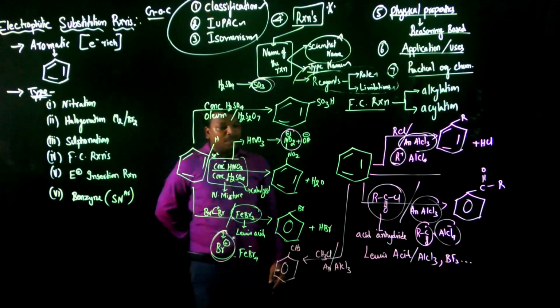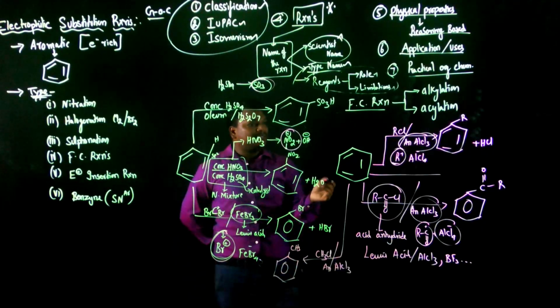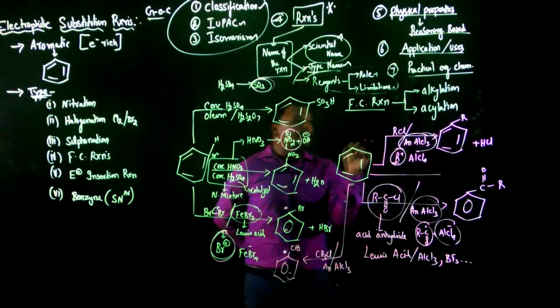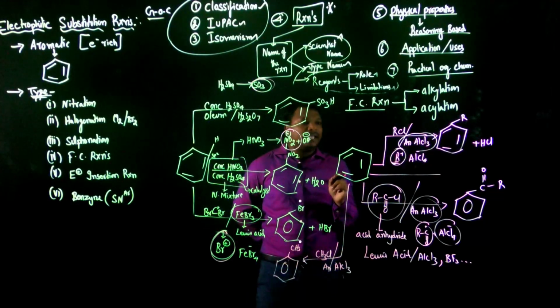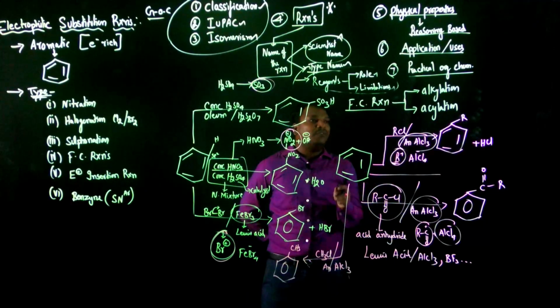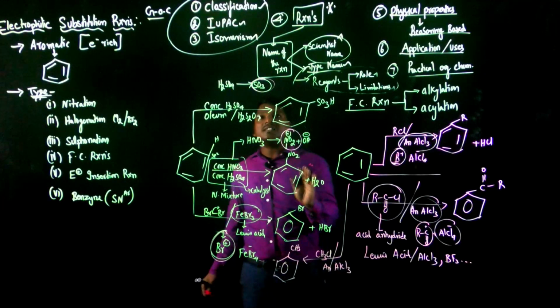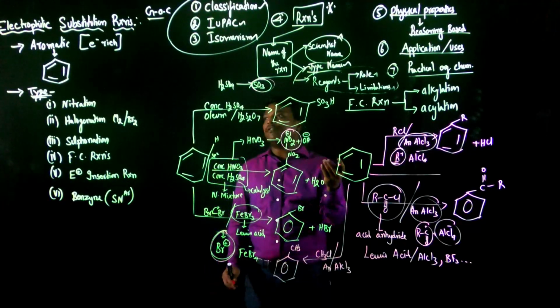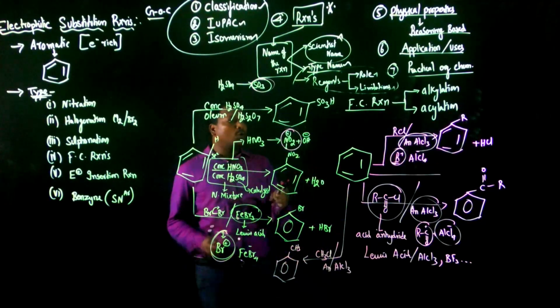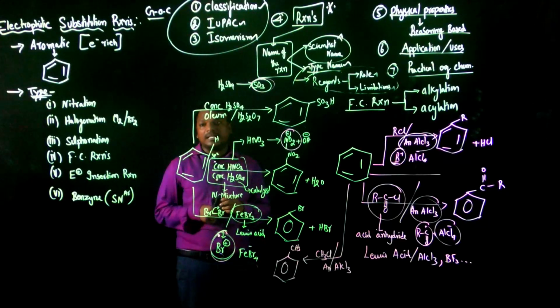You will be getting toluene. Now instead of this normal or simple alkyl, we are going to take some complicated alkyl group and we are going to discuss what are the important products being formed. That is going to be very important for your competitive examination. Just now you can copy down this. I'll give you 2 minutes time and we will go and discuss in depth with Friedel-Crafts reaction.